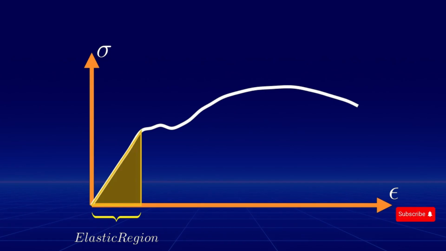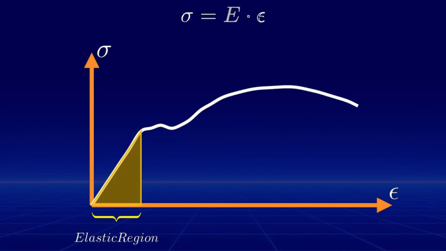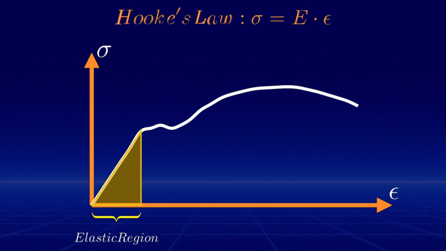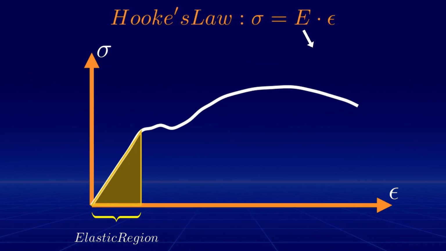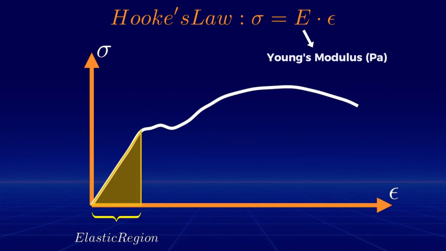In the elastic region, any deformation is temporary, meaning that once the load is removed, the material returns to its original shape with no permanent deformation. The linear relationship between stress and strain in that region is described by Hooke's law, where E is Young's modulus, a parameter representing the stiffness of the material with units in Pascal. It's a crucial property in engineering used in many equations and design calculations.